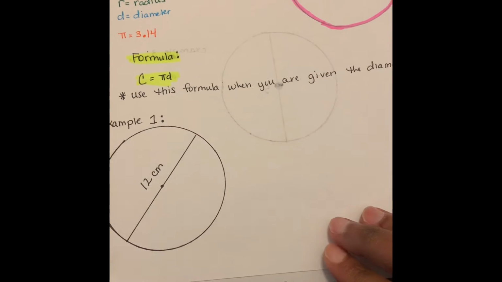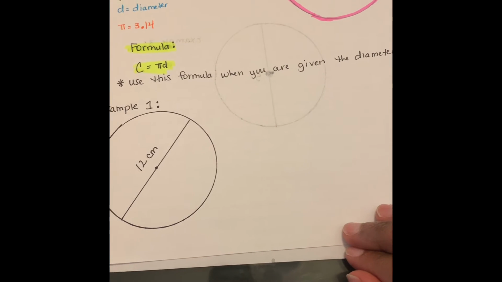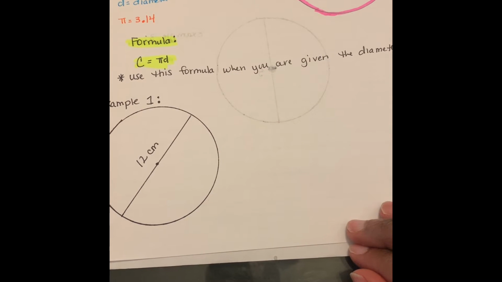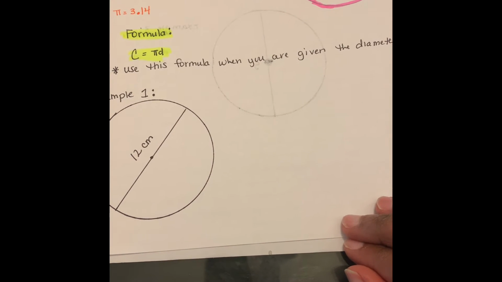We use this formula when you are given the diameter in a circle. If they give you the diameter, C is equal to pi times D.